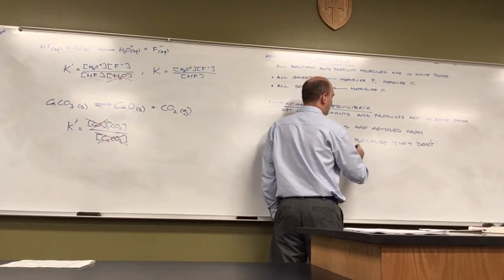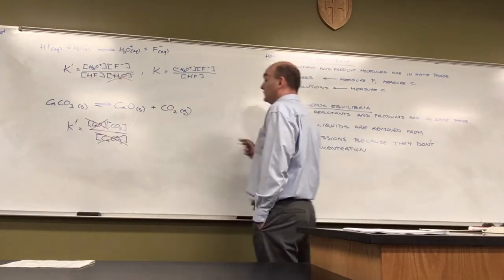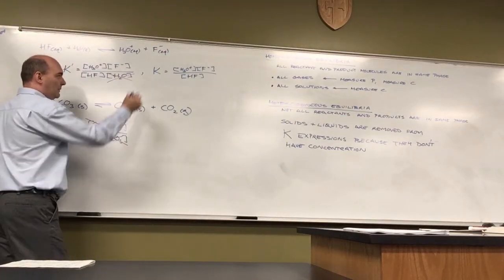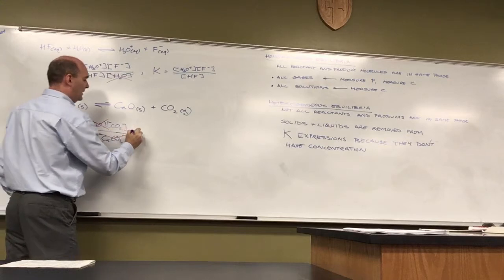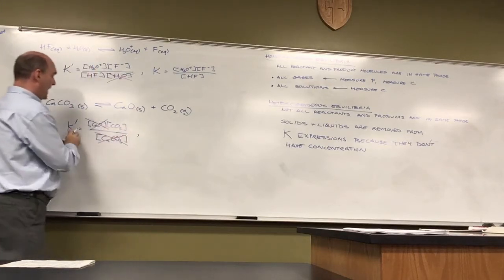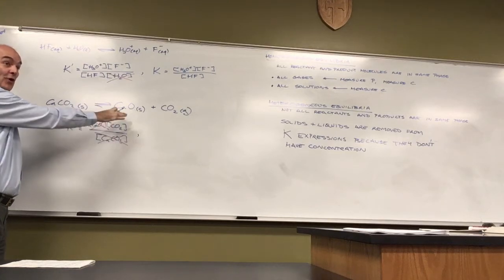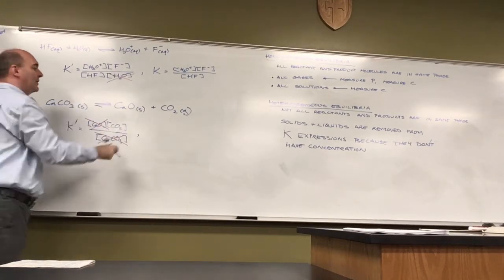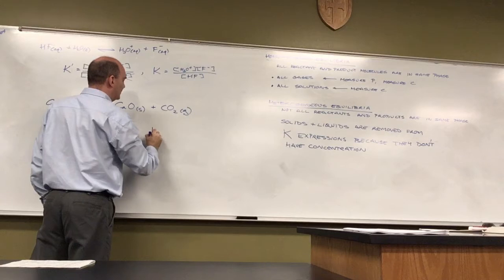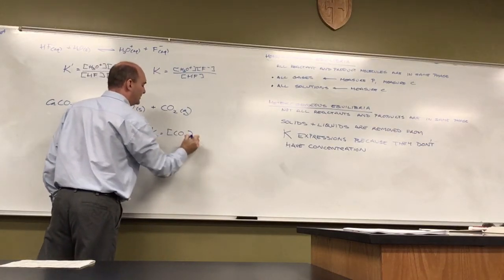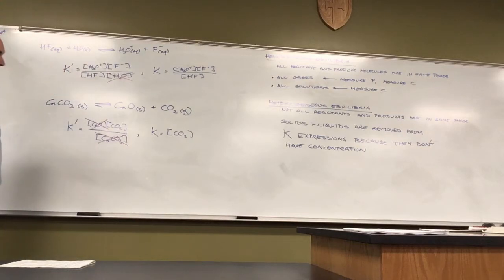There is no concentration for a liquid. There is concentration for solutions. Or there are pressures for gases. And so the K prime, you write that down because you know that you're doing it wrong, but you're including everything, and then you cross out what it is that you're not going to use. The K for this equilibrium is kind of small.